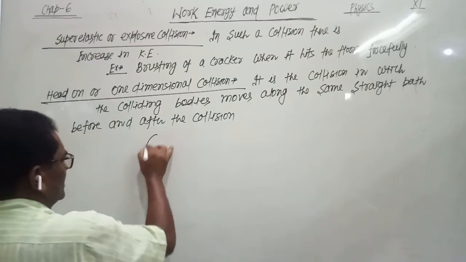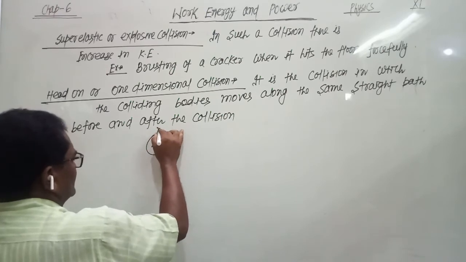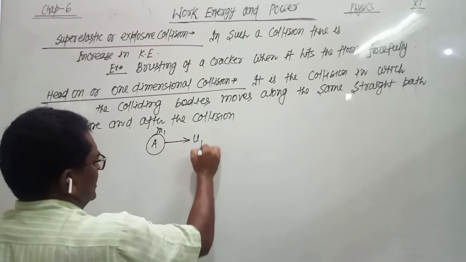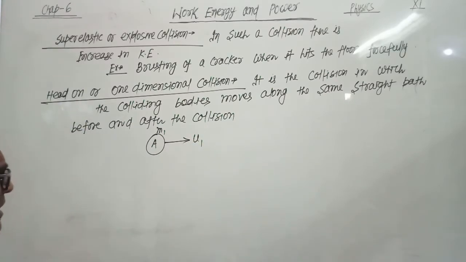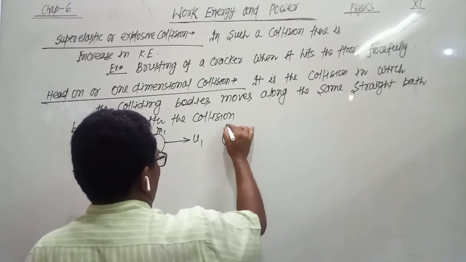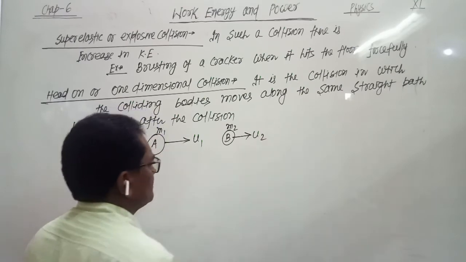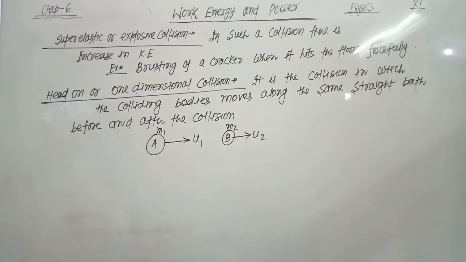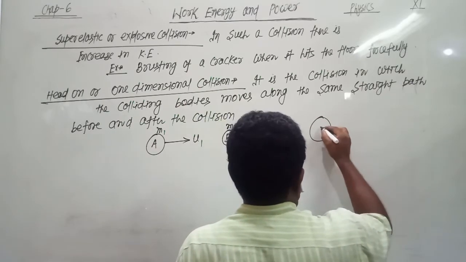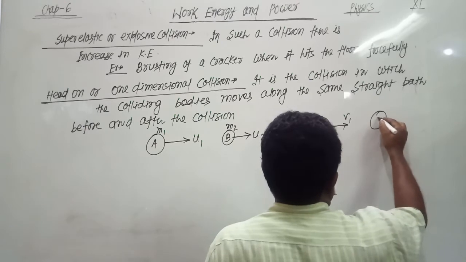Suppose there is a body A of mass m1 moving with a velocity u1, and there is another body of mass m2 moving in the same direction, and after collision they are again moving in the same direction with their different velocities.